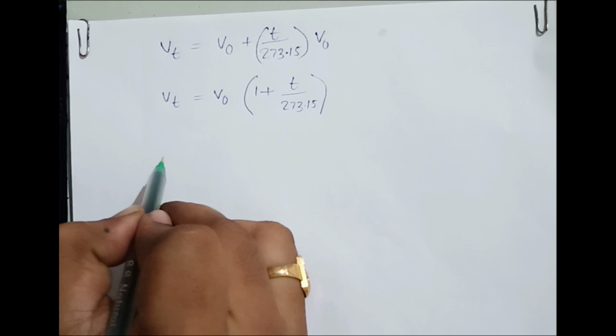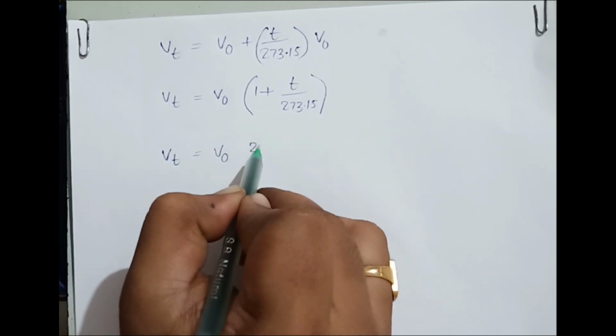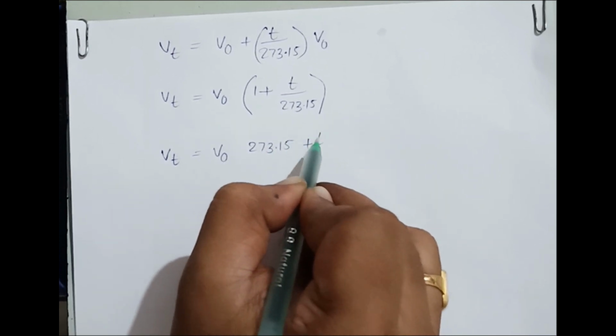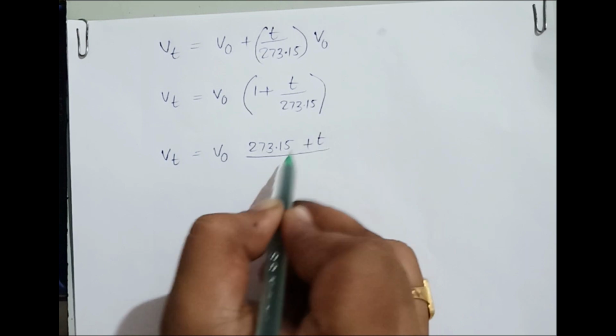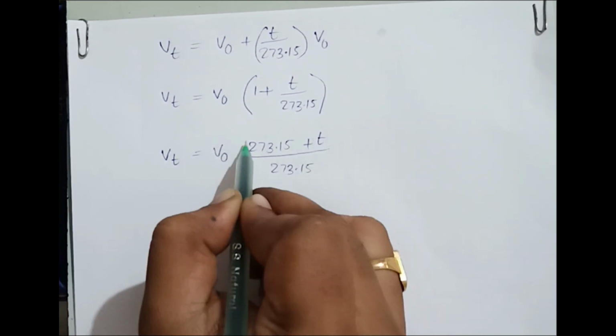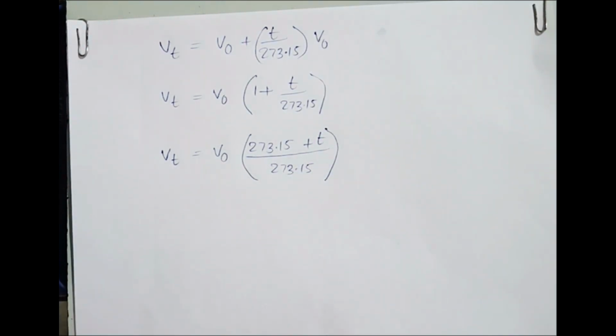Now we are still simplifying it. Vt is equal to V0 into (273.15 plus T) over 273.15, and from here the new system of temperature is introduced, that is the Kelvin system.